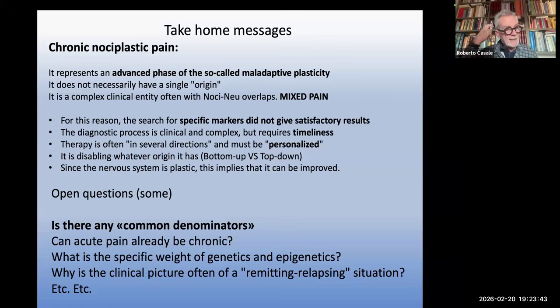So nociplastic pain does not necessarily have a single origin, as we saw, and sometimes we have a sort of mixed pain. For this reason, the search for a specific marker did not give any satisfactory results.